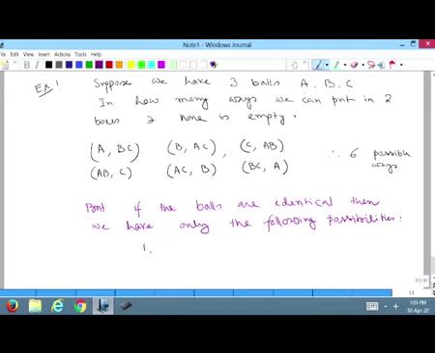One in the first box and 2 in the second box, and 2 in the first box and 1 in the second box.